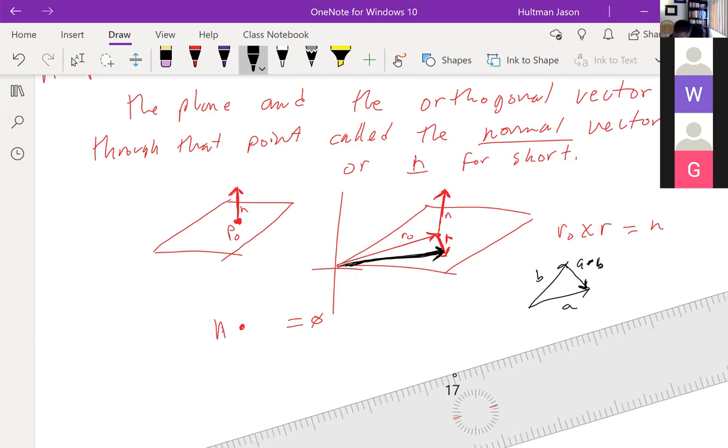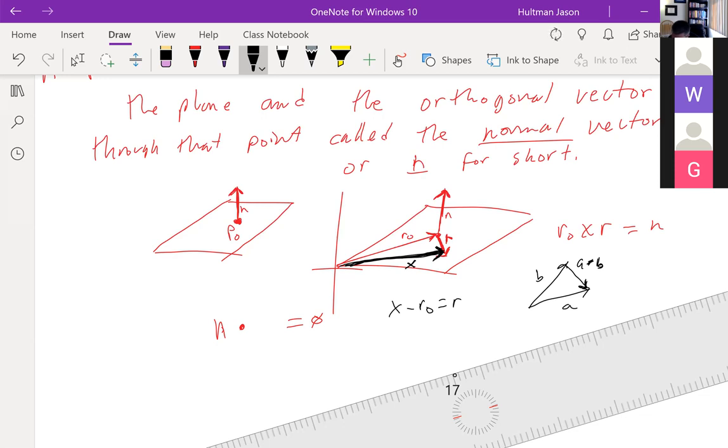So I'm going to call this guy X. So I know that X minus R naught equals R, right?